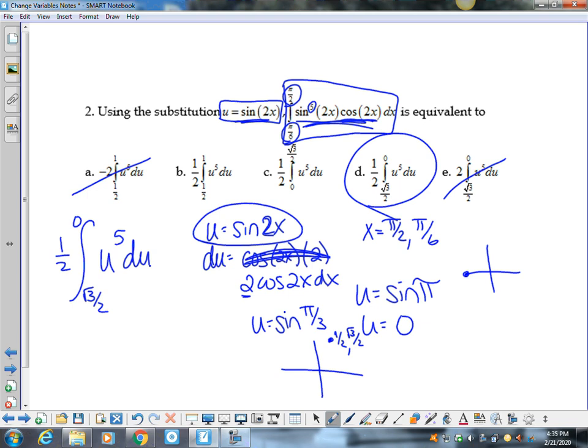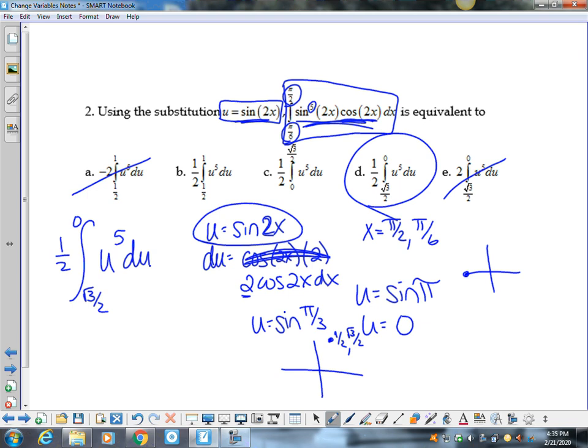So if you look back at number 1, you may be thinking, well, if I can do it the old way, I want to do it the old way. I'm comfortable with the old way. Well, that's fine. But this isn't a way where they can take a multiple choice example and force you to not only do the u sub, which you have to do, but to change your variables from x's to u's permanently.